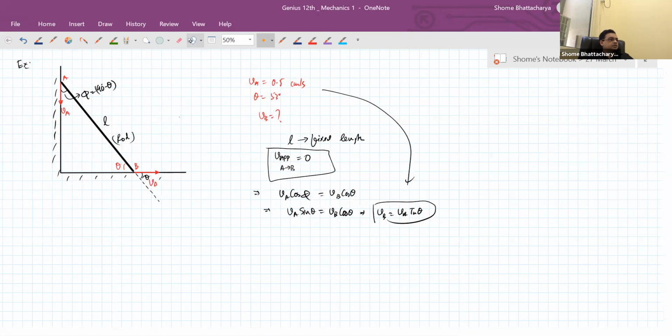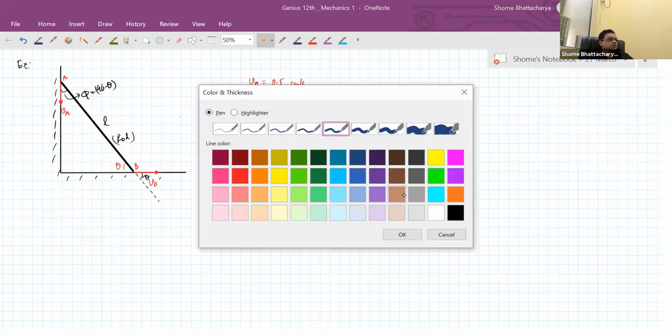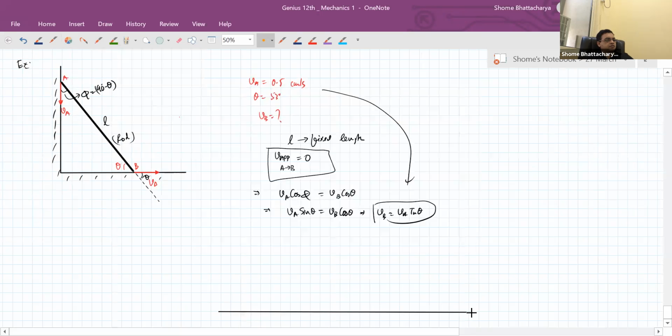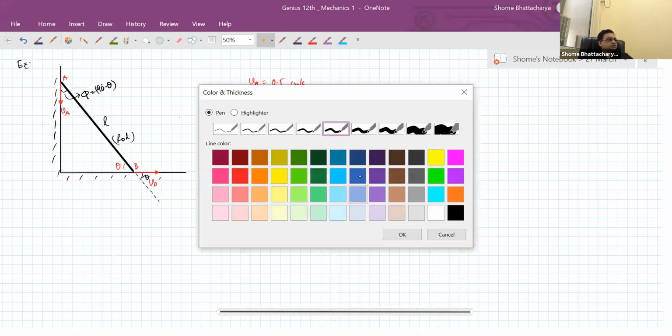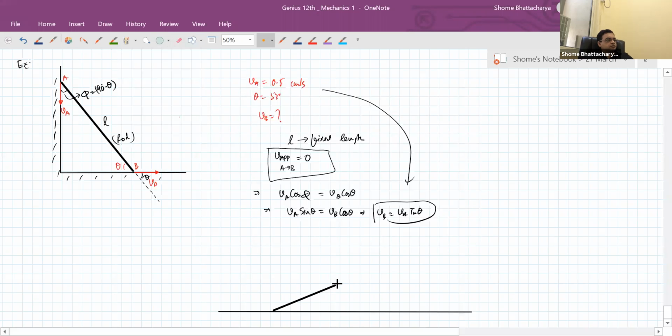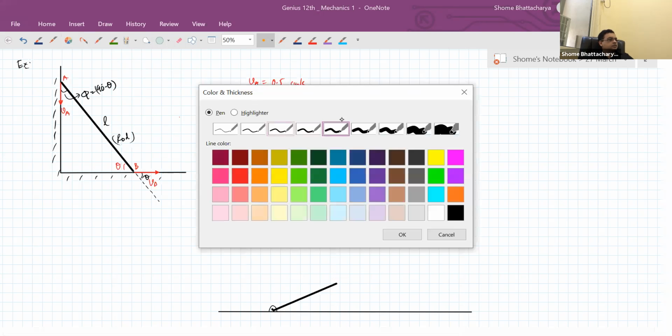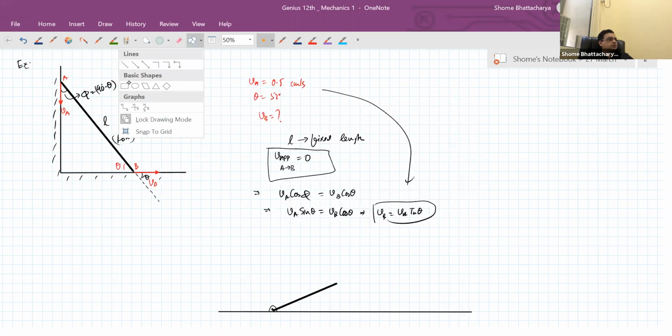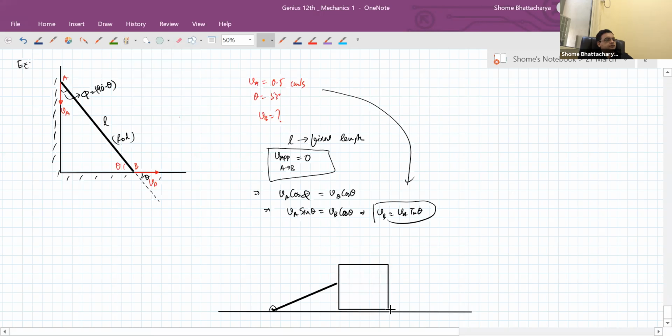Similarly, we have, let's say, another dynamical situation like this. Something like this is happening. Now we have a rod which is hinged at this point. Okay. And it's in contact with a block, like this.